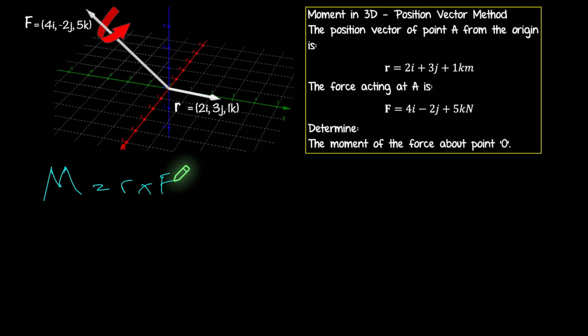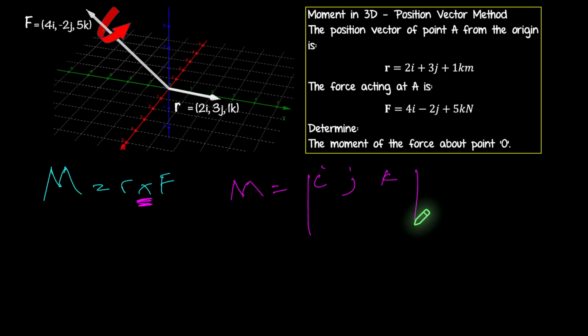When we do 2D moment of a force, it's simply force times perpendicular distance, and we follow a similar sort of convention here. This method, which we can also call the cross product method, I'm going to set out as a 3x3 matrix, and what we will have is the determinant of i, j, and k.